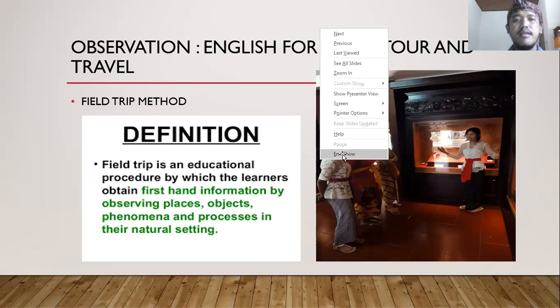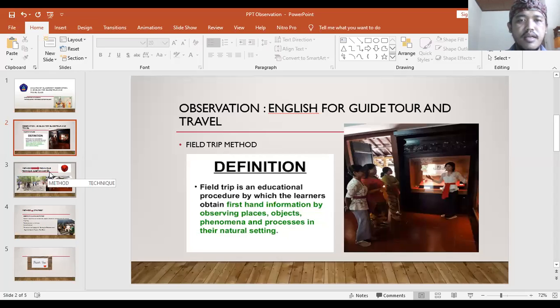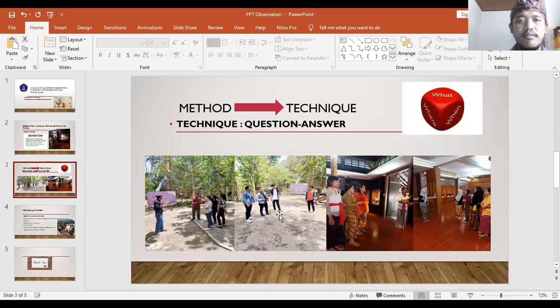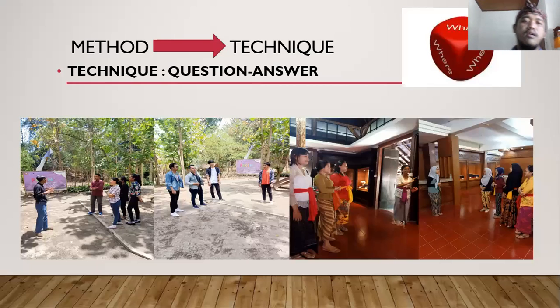After the field trip method, what kind of technique do the students use? As you can see in the photograph here, the first place visited is a natural ecotourism object named Tukat Bindu.